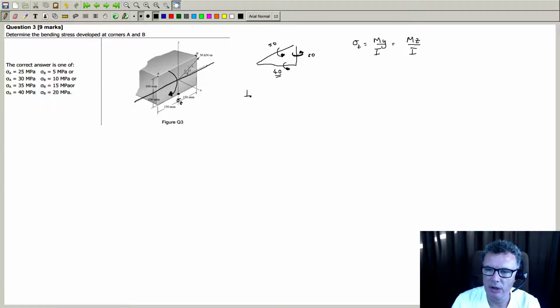Then I can use my I equals breadth times depth to the power 3 divided by 12. So in this case the breadth is 300 millimeters, and the depth is going to be 200 millimeters.